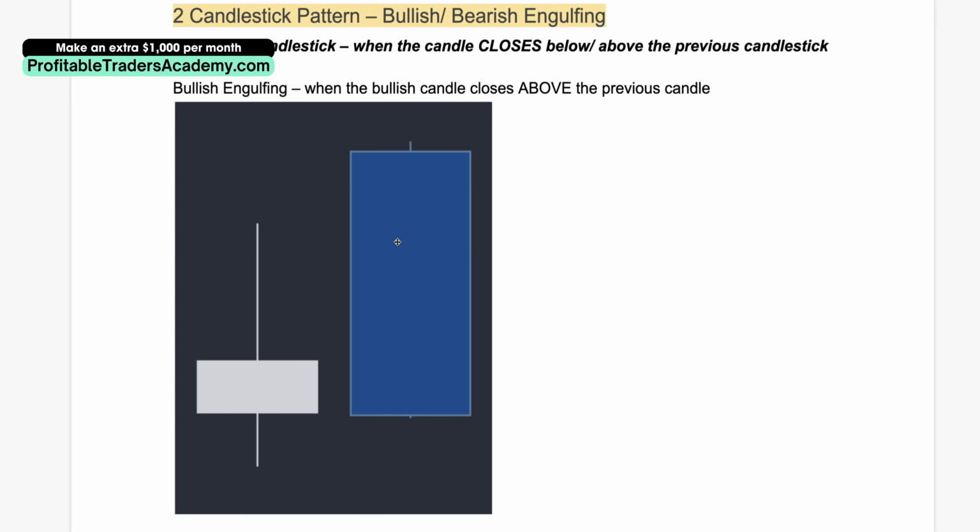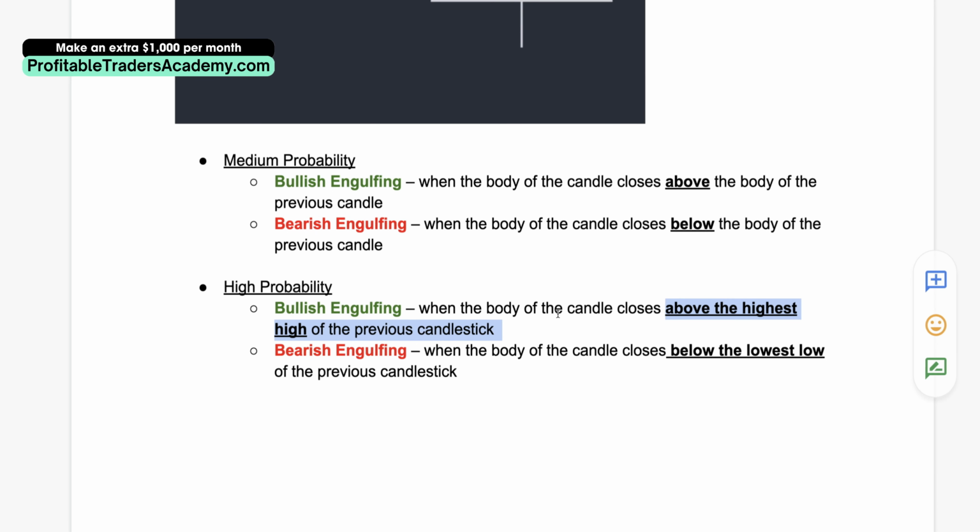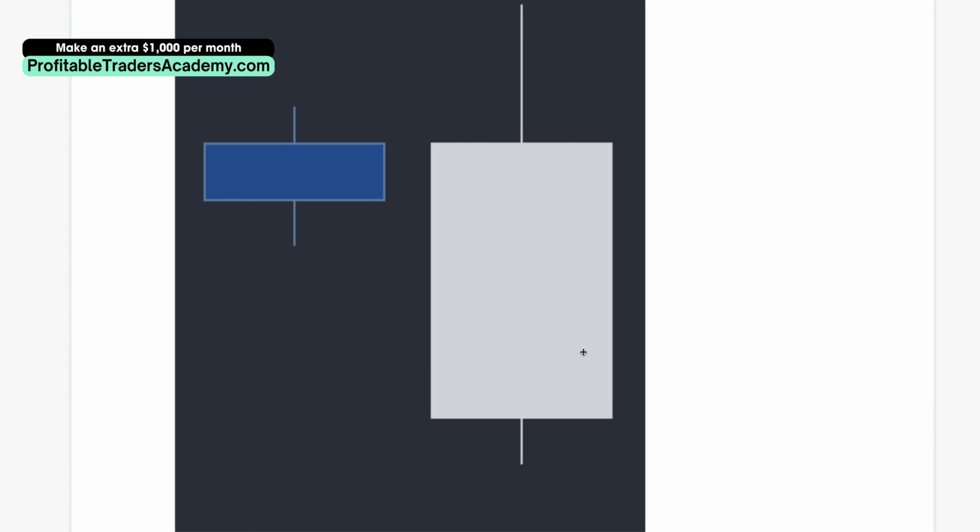So that makes it a high probability engulfing candlestick. Same for the bearish. This is an example of a high probability bearish engulfing candle, mainly because the body here closed below the lowest low, this right here, of the previous candlestick.